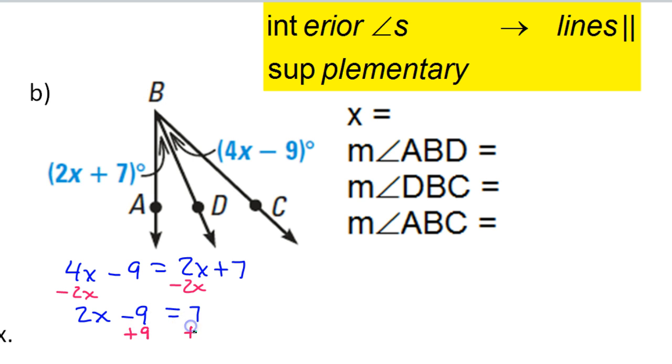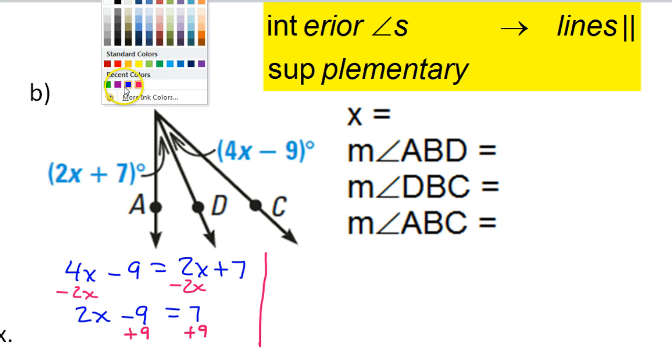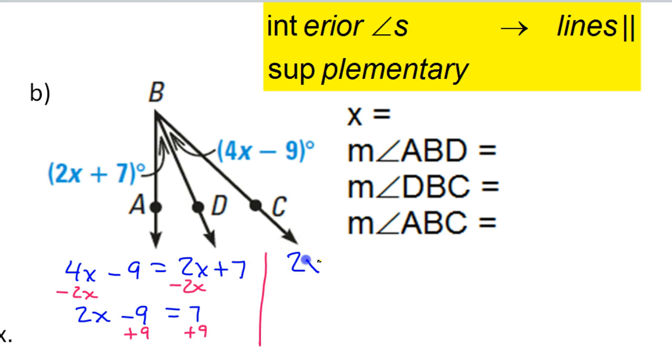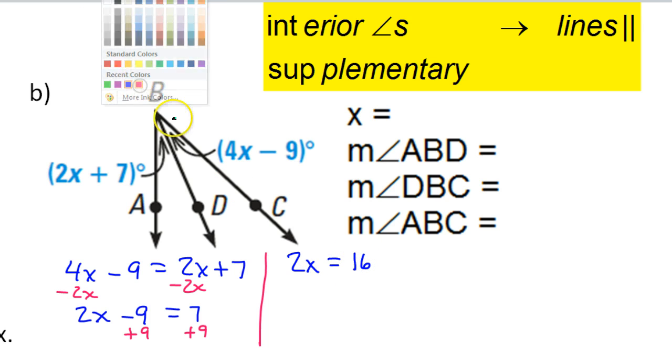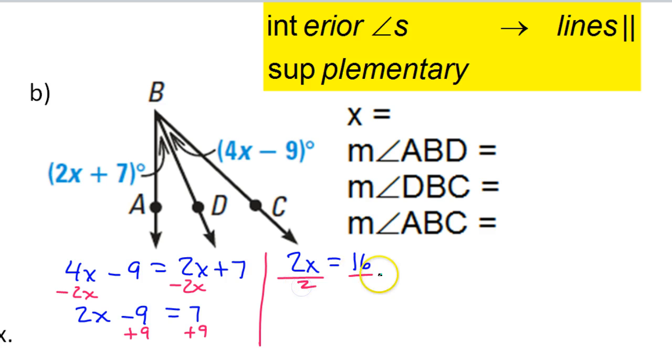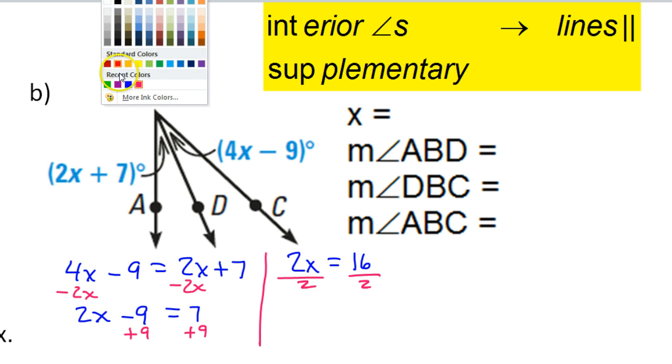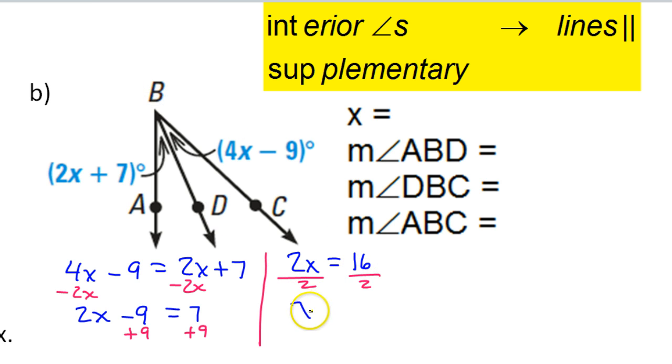Adding 9 to both sides is going to give us 2x is equal to 16. And dividing both sides by 2 is going to give us x is equal to 8.